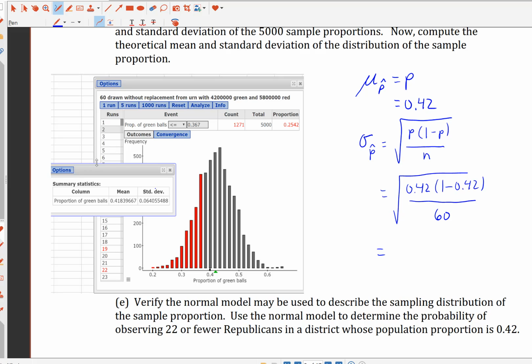You see where the 0.064 is coming from? Let's see if I'm right. 0.42 times 0.58 divided by 60 is 0.0637, which is super close to what we got when we did this 5,000 times via simulation.